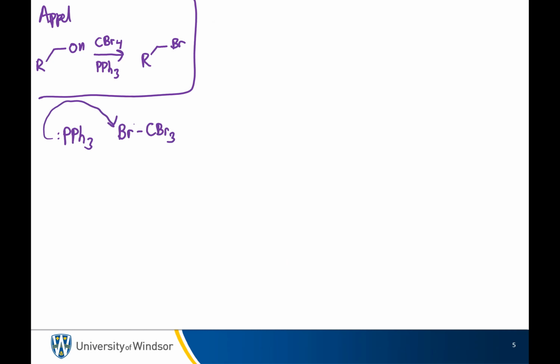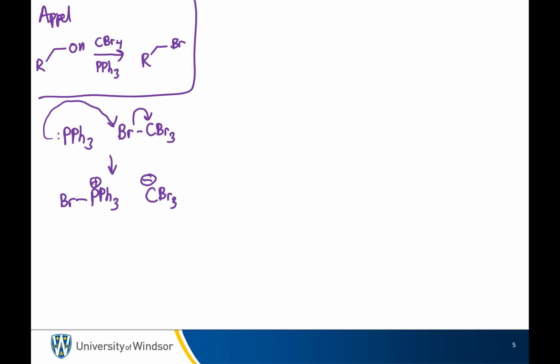So as Ronaz was pointing out a little bit earlier, and as Hazel was pointing out, having an acidic proton or having a reactive electrophile is all about how stable is the anion that's left behind. In this case, the anion that's left behind is CBr3-.